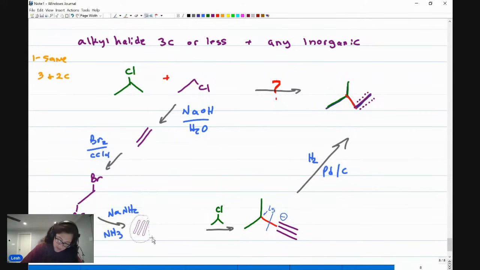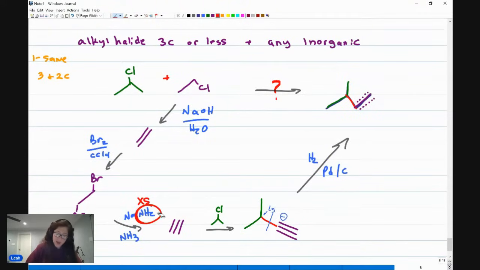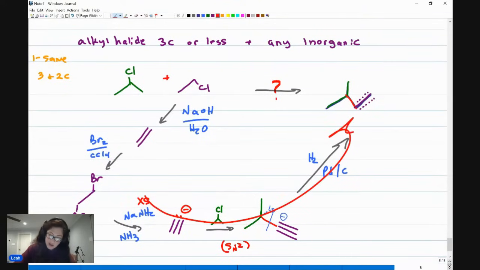And the reason for that is when I react with NaNH2 and NH3, it has to be in excess. In addition to the double elimination, the terminal hydrogen also gets pulled by another base, and so it immediately goes to the negative, the acetylide. I add this in, another starting molecule. This is just an SN2 reaction. And then I reduce it. And there's my final product.